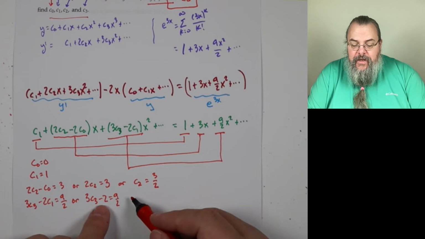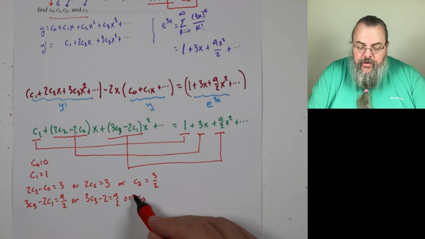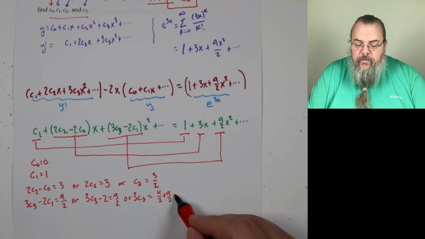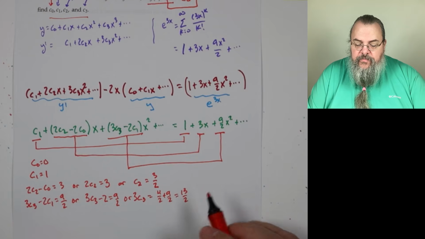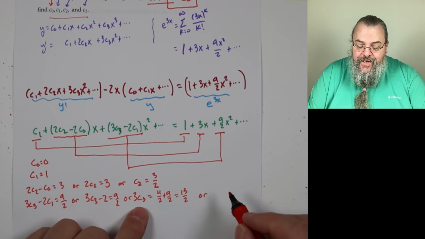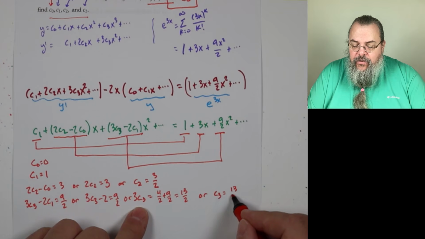Okay, now we can add 2 to both sides, or 3c3 is equal to 2, which is 4/2, plus 9/2, which makes that 13/2. Or divide both sides by 3, and we get that c3 is 13/6.